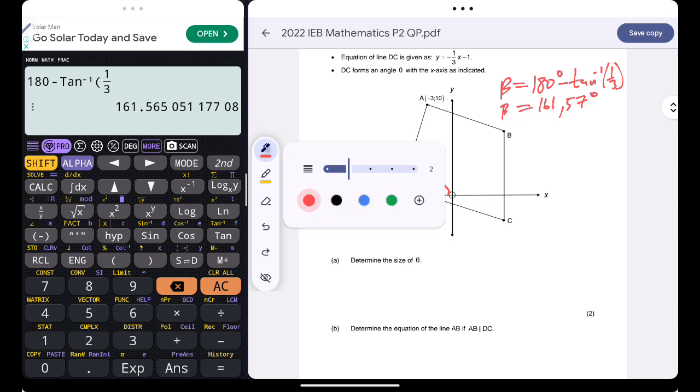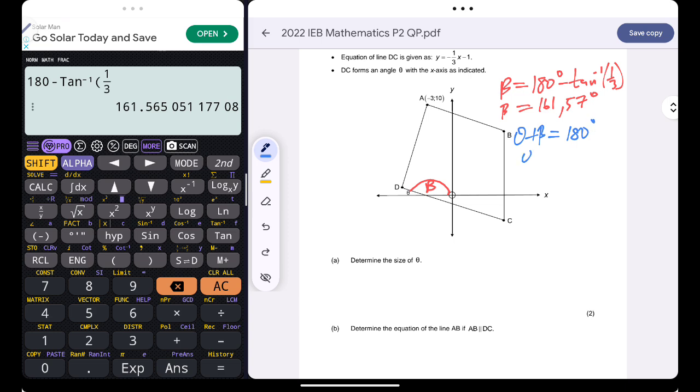But what do I know? I know that theta plus beta are angles on a straight line. Are you together? So for me to find theta, I just need to say 180 minus beta. Remember what beta is. Beta is 161.57 degrees.